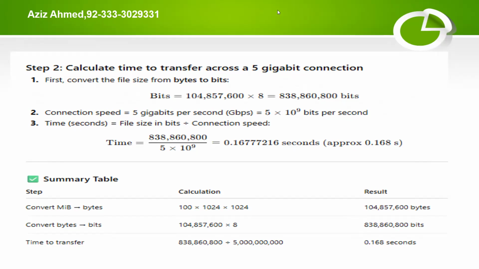Time is file size in bits divided by connection speed. That is divided by 5 multiplied by 10 to the power 9. Sir, but in the IT paper calculation is not allowed.